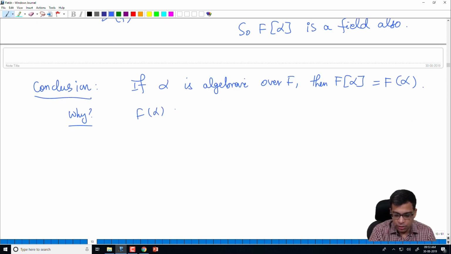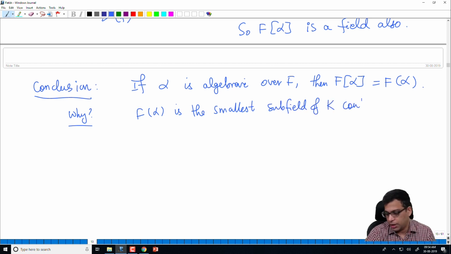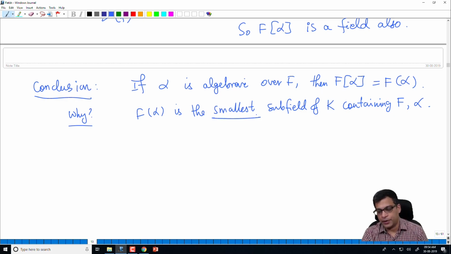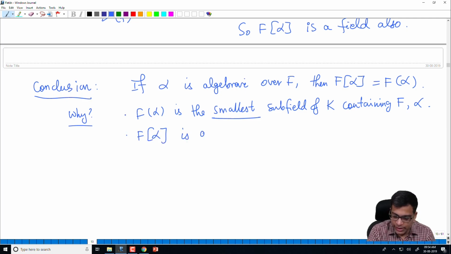Remember F(alpha) is the smallest subfield of K containing F and alpha. What smallest here means is that if any field contains F and alpha, that field contains F round bracket alpha. But F square bracket alpha is a field containing, of course it contains F and alpha, right?